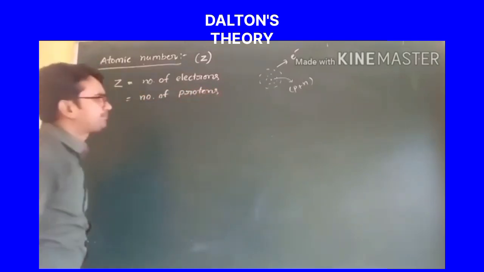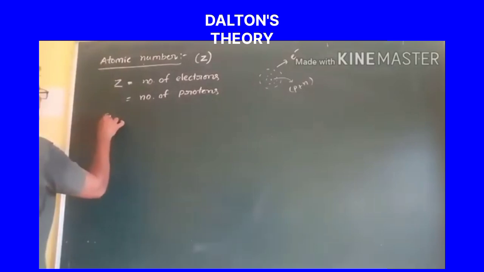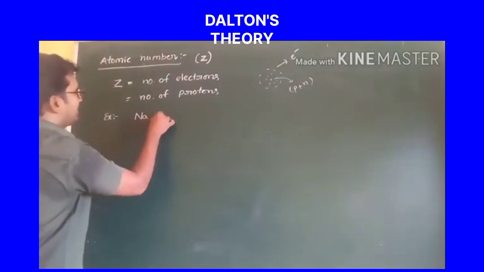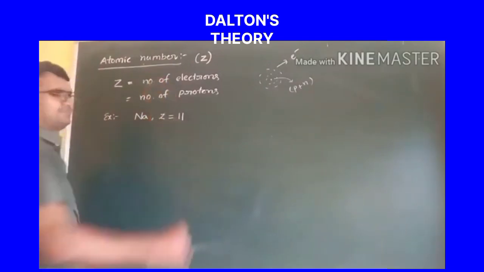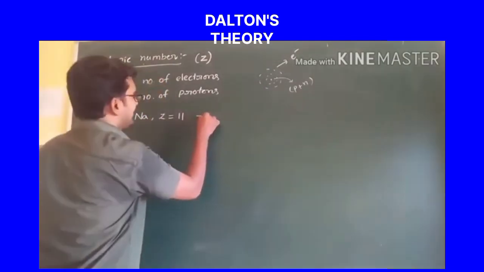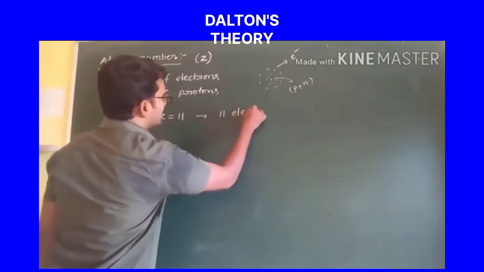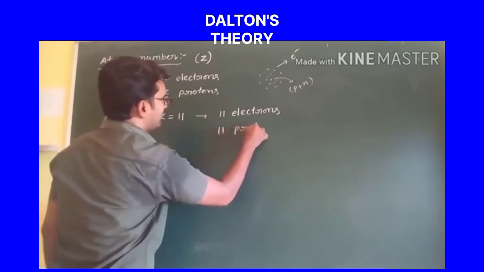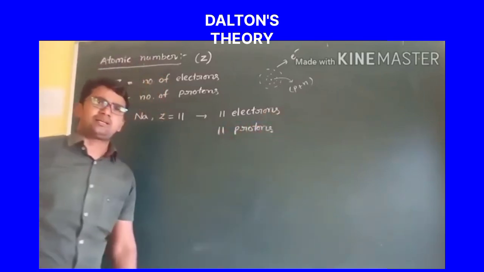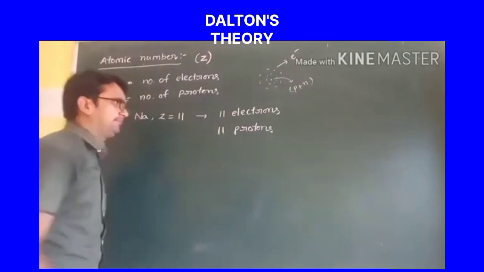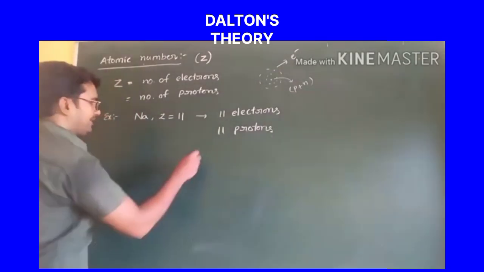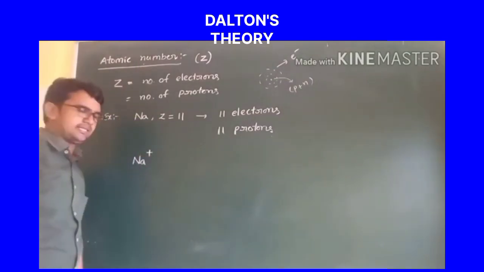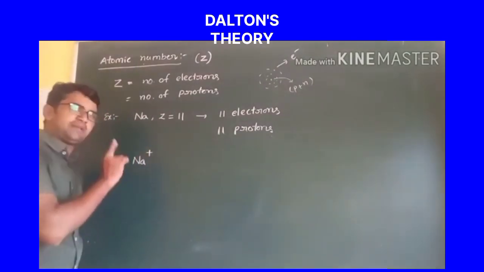See the example here. Example, sodium. Sodium atomic number Z equals 11. So 11 means it contains 11 electrons and 11 protons, because the same number of electrons and protons are present in the atom. But this is very important: Na plus. What is Na plus? Here plus means plus 1.